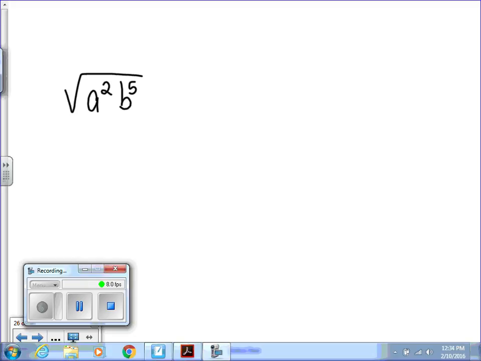Alright, just try this one. I'll give you tiny little happy numbers, okay? How about the square root of a squared b to the 5th? Alright, so do that one. Alright, a squared becomes what?